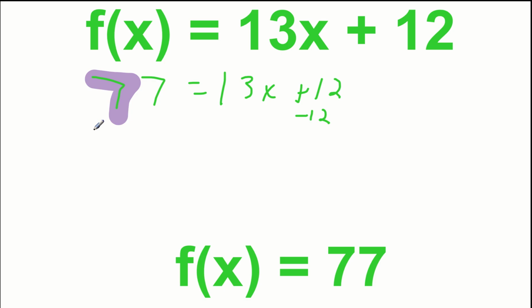Subtract 12. So we got 65 equals 13x. We divide by 13. We got x equals 5. Okay. You know, right now it's tough. We'll get some more, but we got some exponents.